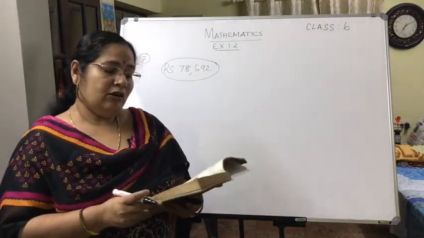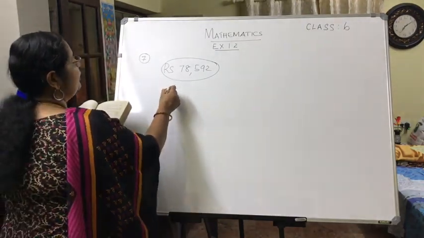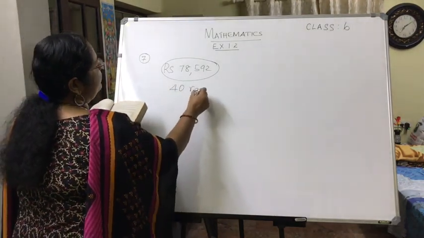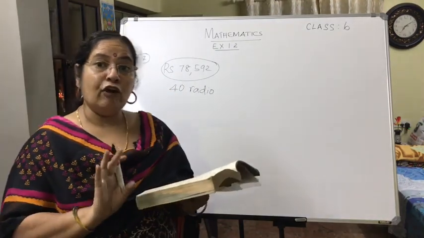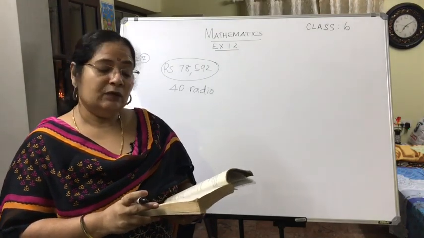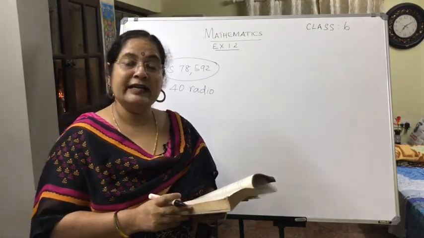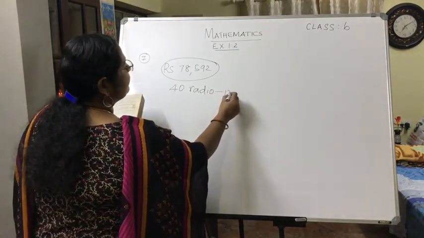She placed an order for purchasing 40 radio sets. How many radio sets did she want to buy? She placed an order for buying 40 radio sets at rupees 1,200 each. So what is the cost of one radio set?